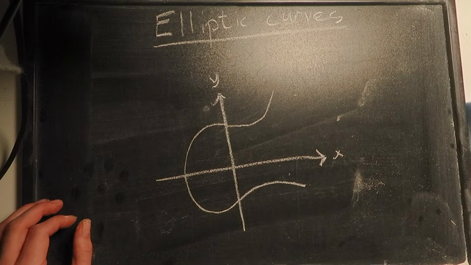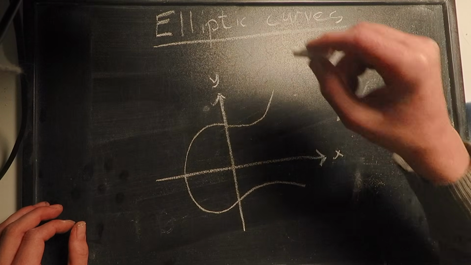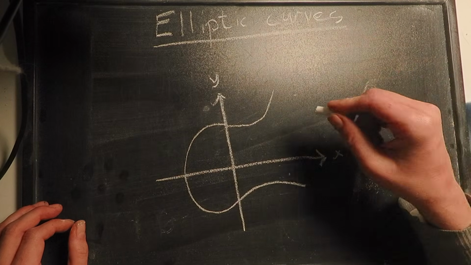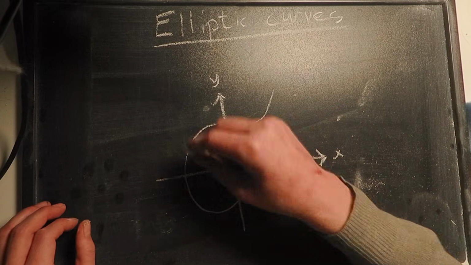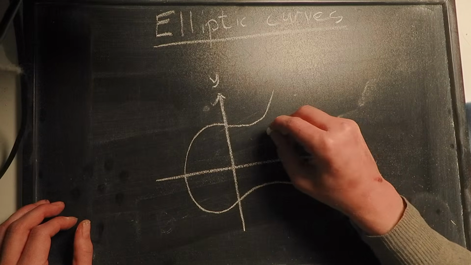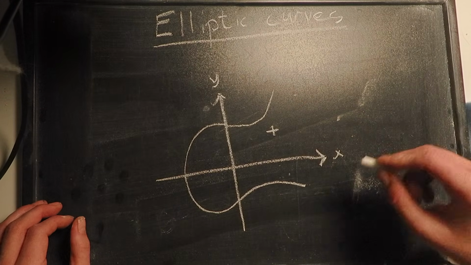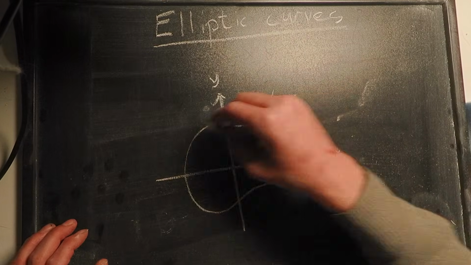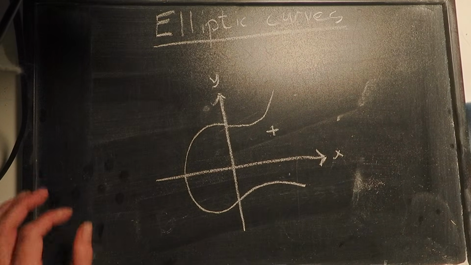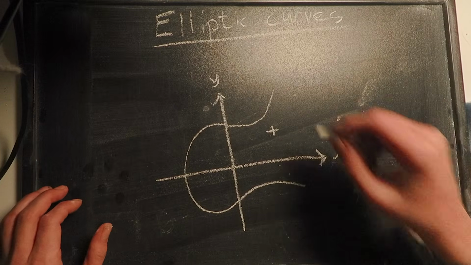So this is an elliptic curve. And if you take the numbers and you put them into the formula, you will get one point on this graph. So let's say this is a point, and this point is not on the curve because, as you can see, it's here. So this is not a valid number.